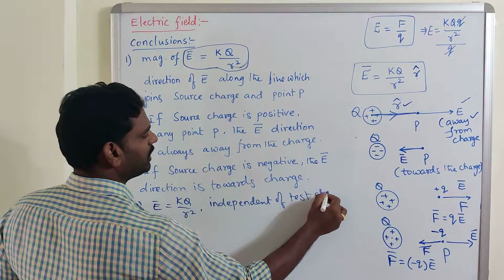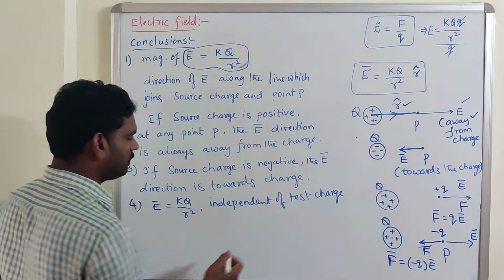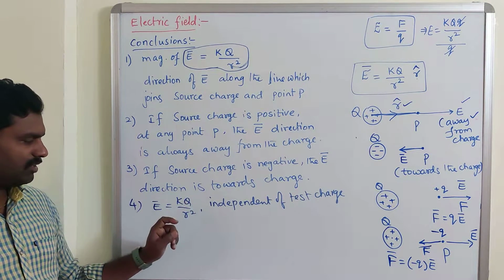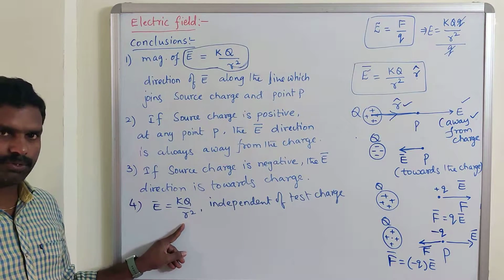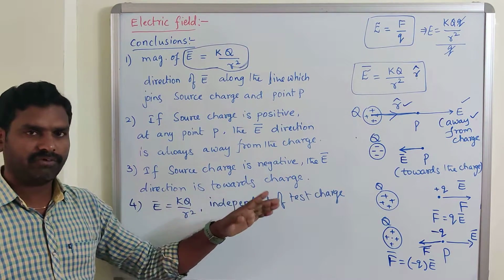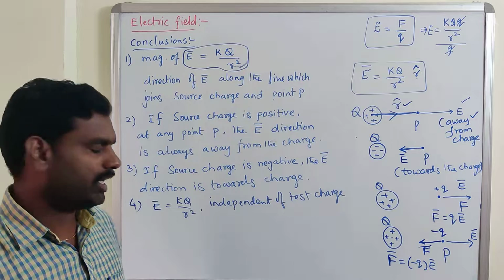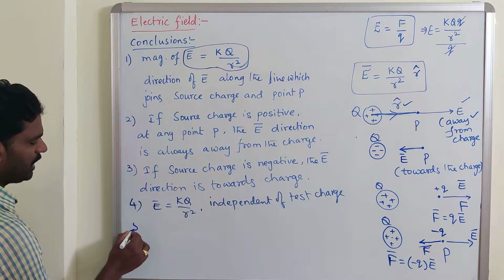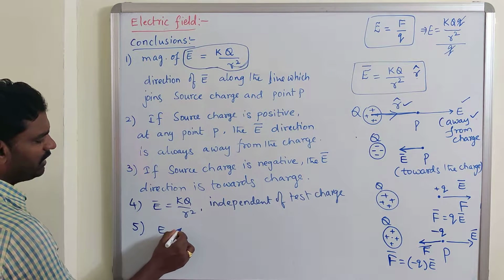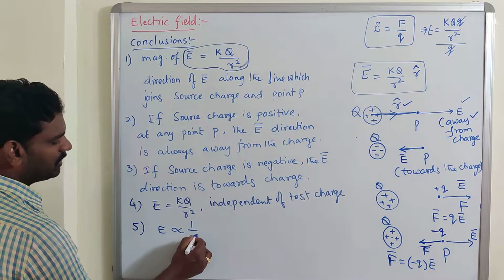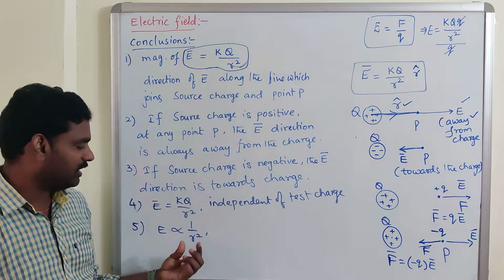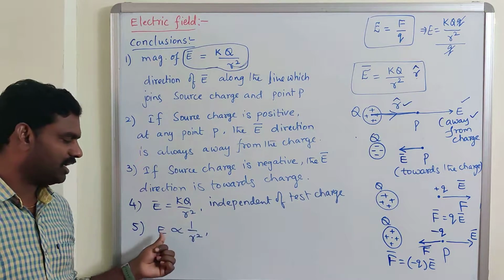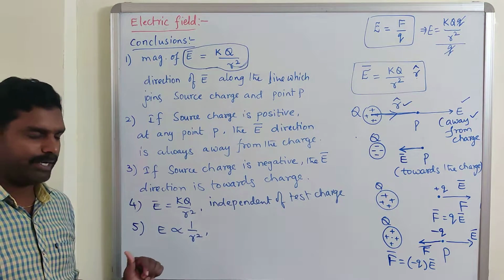It does not depend on test charge here. What does it depend on? It only depends on source charge and also depends on the distance from source charge to point P where we want to find out the electric field. It is independent of test charge, and electric field is inversely proportional to square of the distance. As the distance from source charge to point P increases, electric field decreases rapidly.